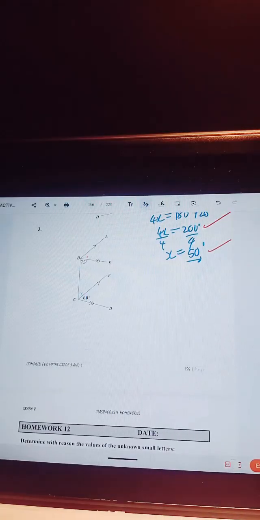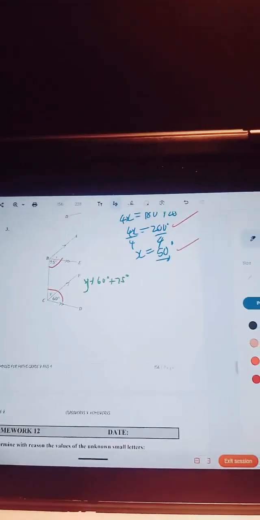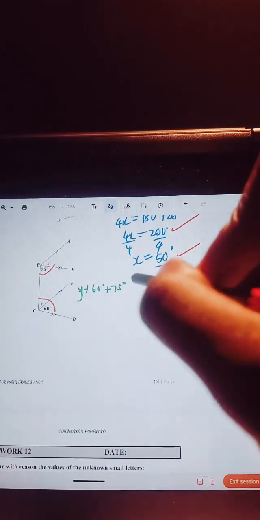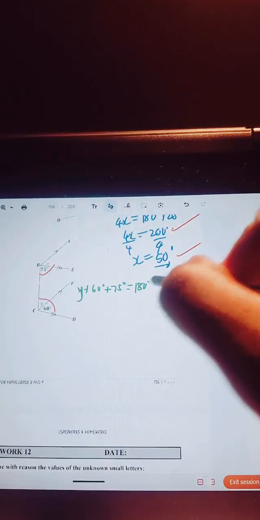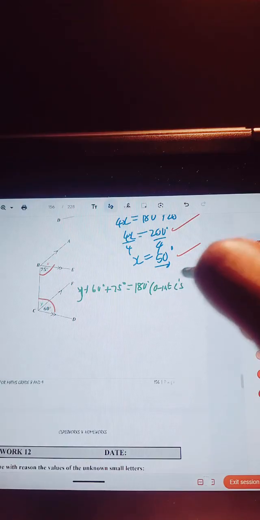Then last but not least, we want y and x. So to get y, as you guys have indicated in the comment section, y plus 60 degrees plus 75 degrees is equal to 180. Our reason is co-int angles.